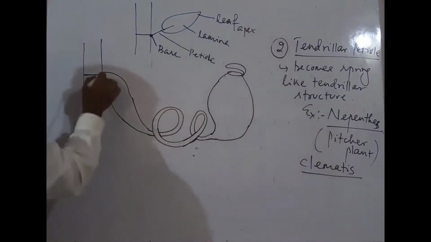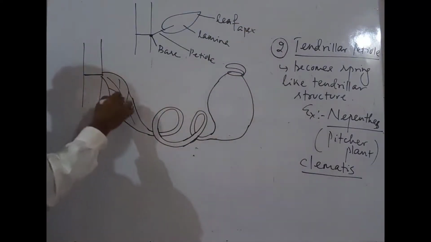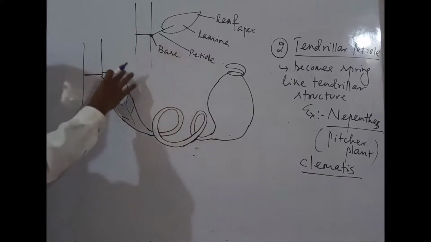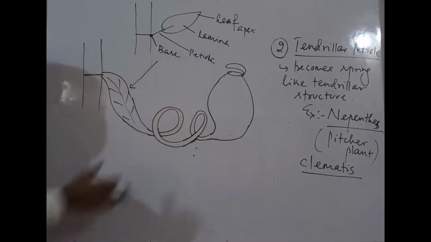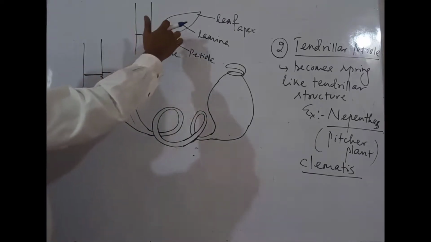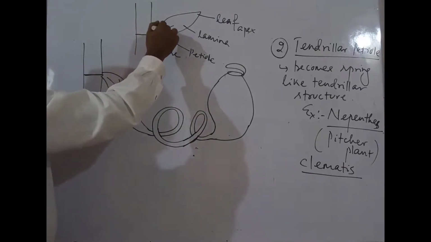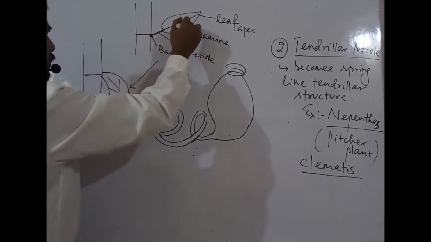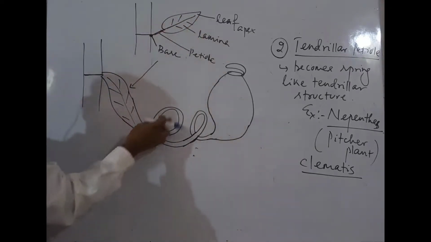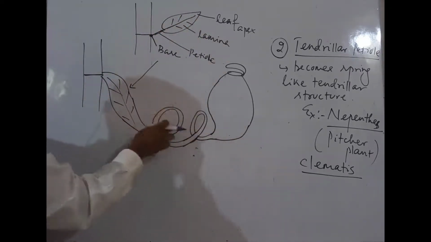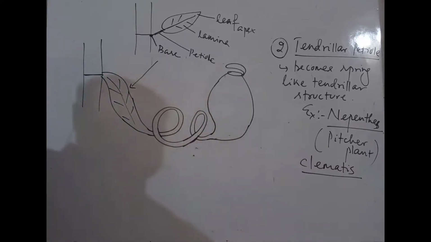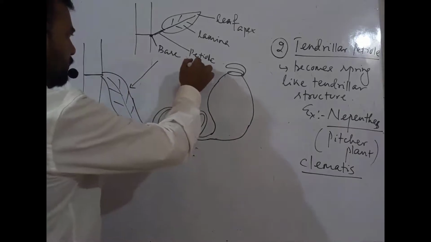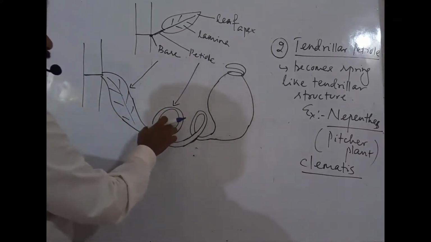So here, this one is base. You just look, the base is modified to a green flattened structure. As in the normal leaf, there is a petiole. The stalk is called petiole. The petiole becomes tendril, the spirally coiled or spring-like structure. That is tendril. So this one is tendrilar petiole.